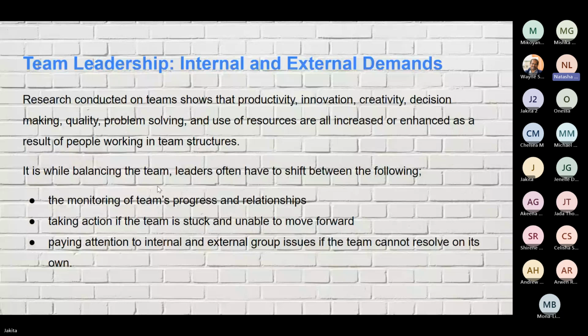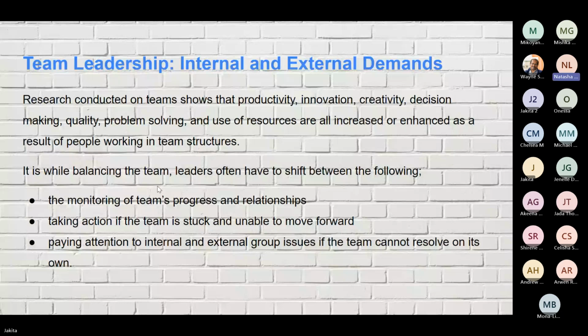While balancing the team, leaders often have to shift between the following: 1, monitoring the team's progress and relationships; 2, taking action if the team is stuck and unable to move forward; and 3, paying attention to internal and external group issues if the team cannot resolve them on its own.